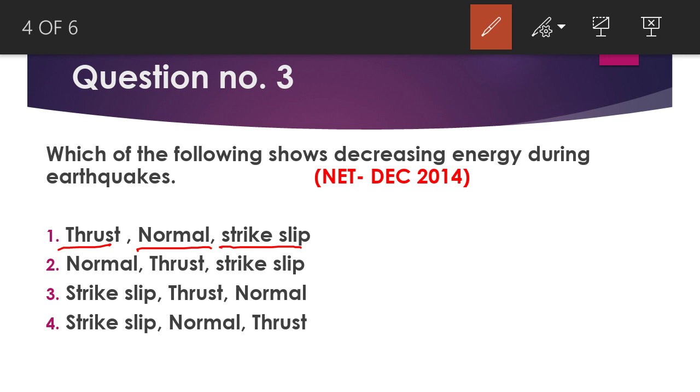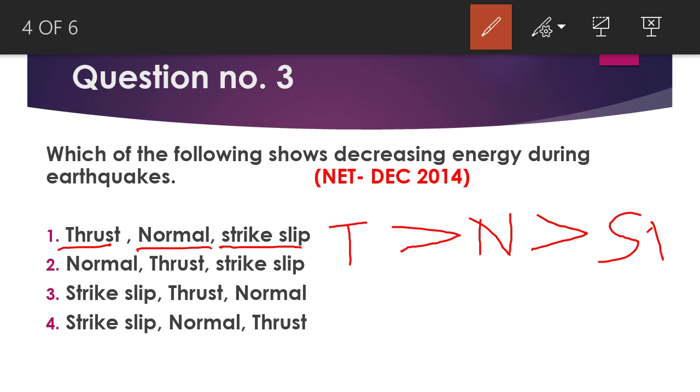As far as their order is concerned, we have the thrust fault, which releases much energy during an earthquake. Then we have normal fault, which releases less energy than that of thrust fault. Then we have strike slip fault that releases very little energy. So the correct sequence is thrust fault, then normal fault, and then strike slip fault. So here option number 1 is your right answer.